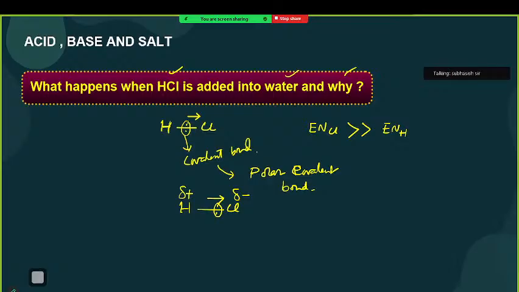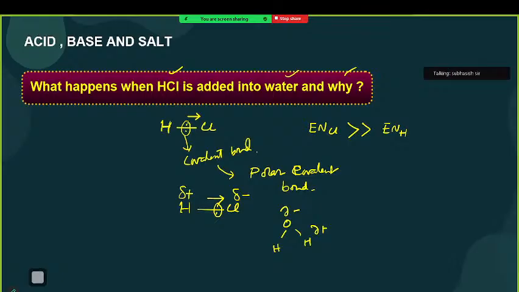So because the HCl molecule has some polar character, meaning the negative and the positive, that is called polar. When HCl is dissolved in water, water is also a polar solvent because it contains an electronegative oxygen atom and electropositive hydrogen atoms.